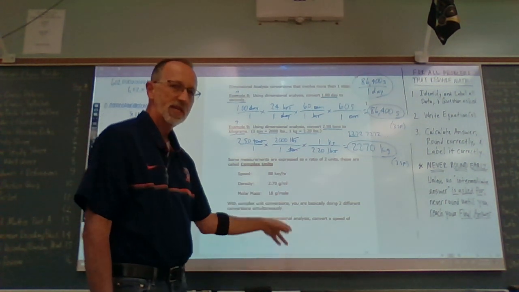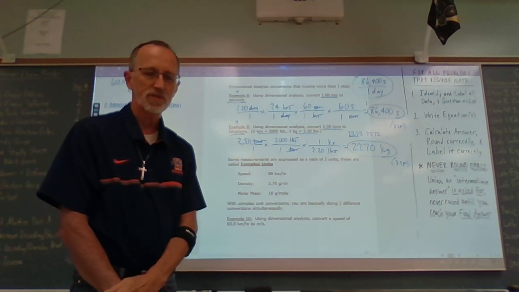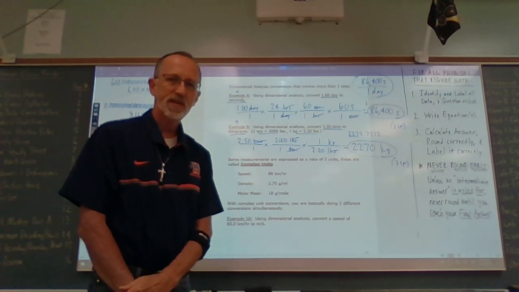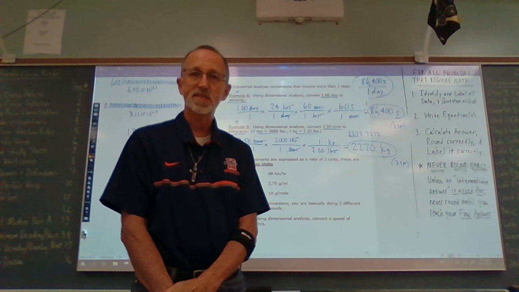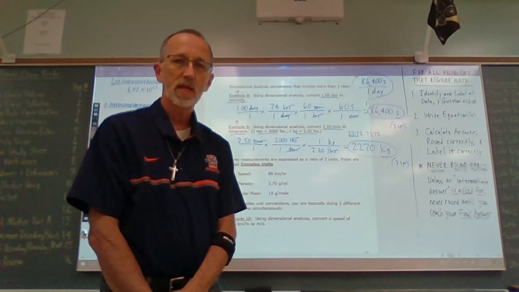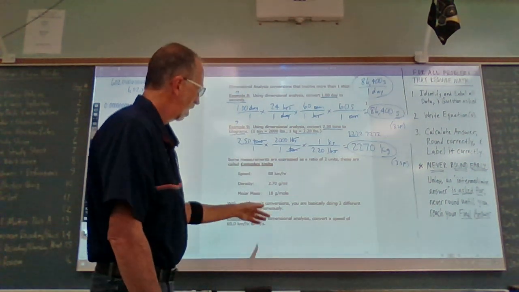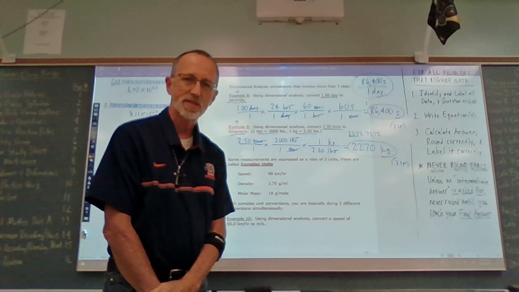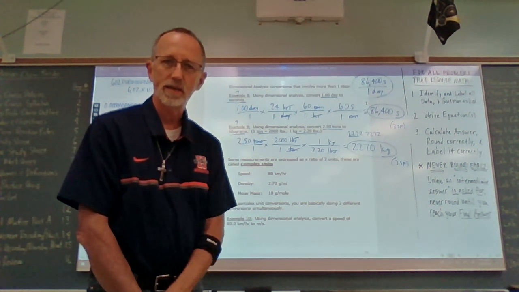What I want you to understand is how can these be expressed as a conversion factor? Well, I think you probably already know this. If you're going a speed of 88 kilometers per hour, you're going a distance of 88 kilometers in how many hours? 1, all right? If the density of aluminum is 2.70 grams per ml, that means there's 2.70 grams in how many mLs? 1.